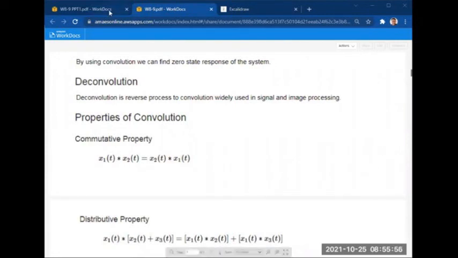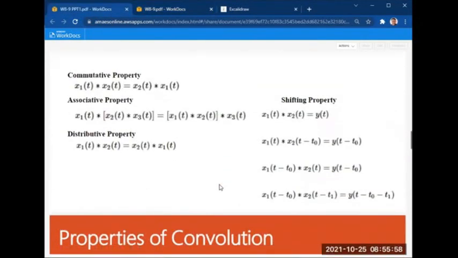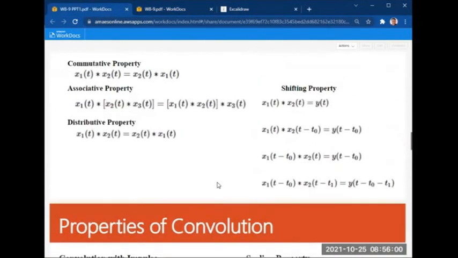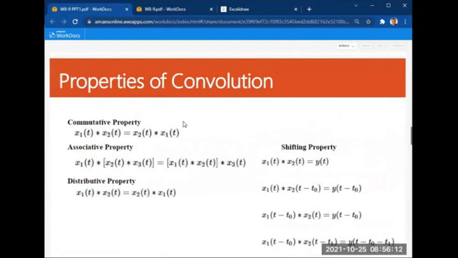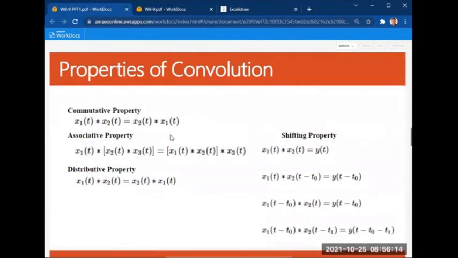Okay, let's try here. So for the properties of convolution, first we have the commutative property.